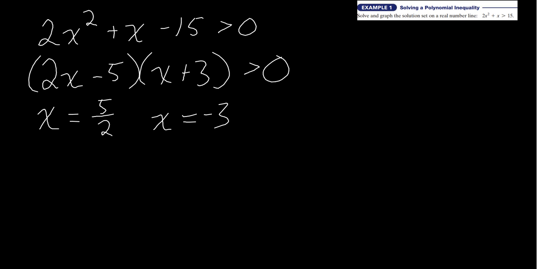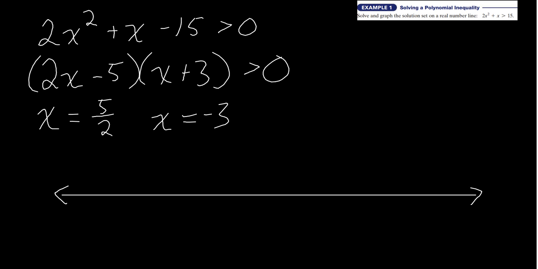Now, those are not the solution. What we're going to have to do is something that I bet you don't feel like doing, because I don't feel like doing it ever. And that's creating a number line. Like so. Now, on this number line, I need to have some boundaries.